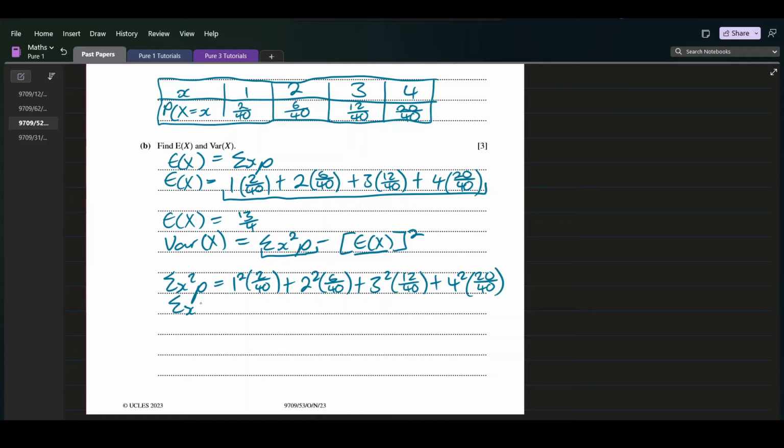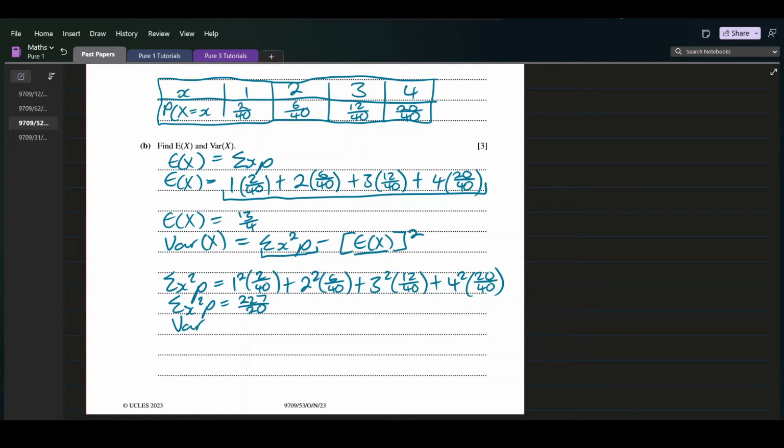Punch that into the calculator. That gives us 227 over 20.